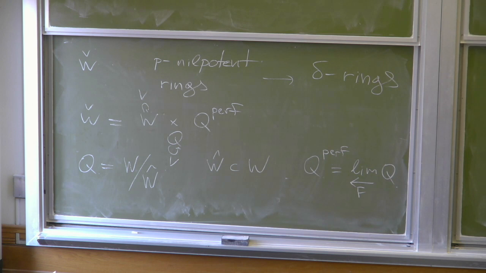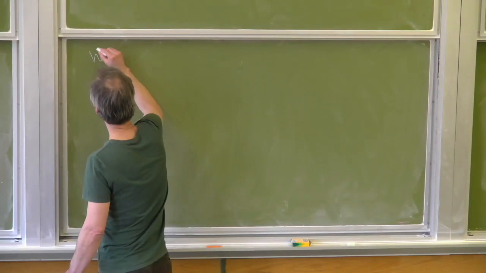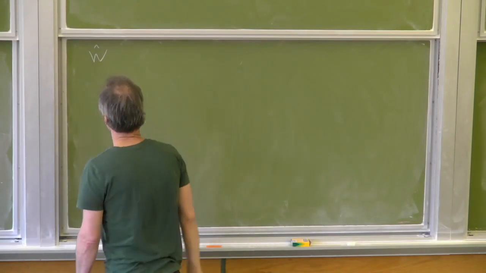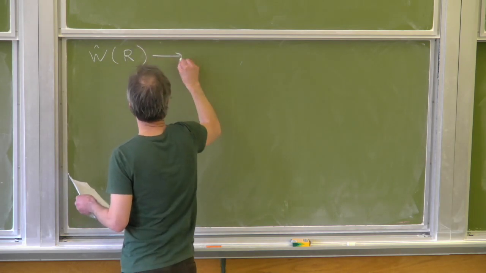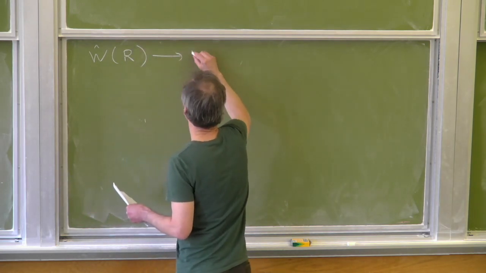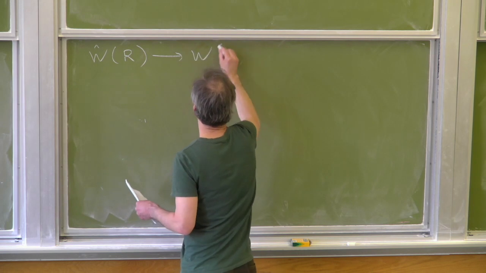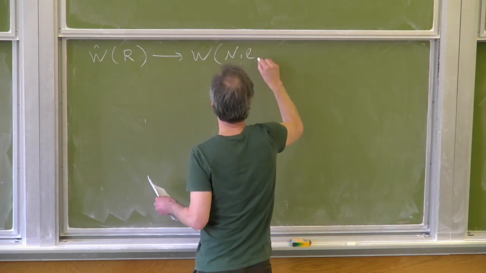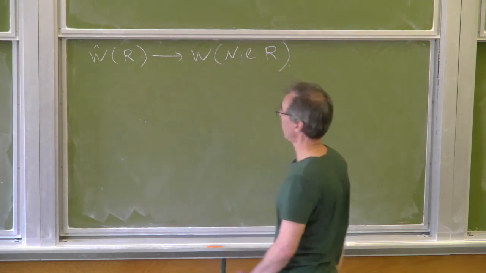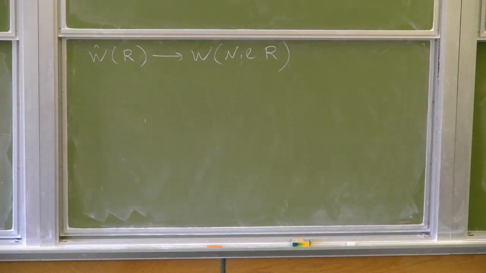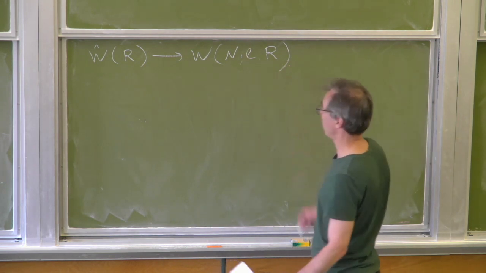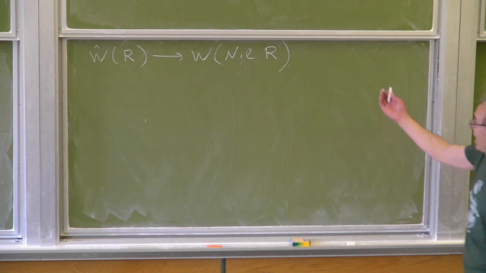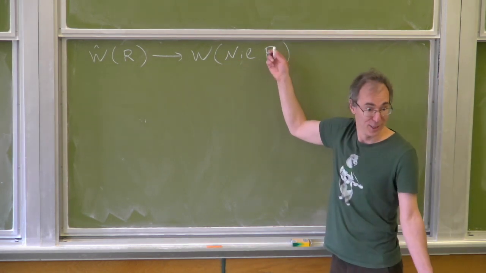Let's consider W hat of R. W hat of R definitely maps to W of the nilradical of R. For any functor from rings to rings, or even more generally to pointed sets, I can evaluate this functor on a non-unitary ring.